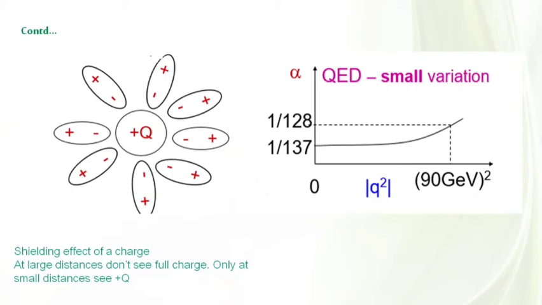And at small distances you can see only the single charge. This is alpha versus q square, at 90 GeV square, and you can see it is increasing exponentially.